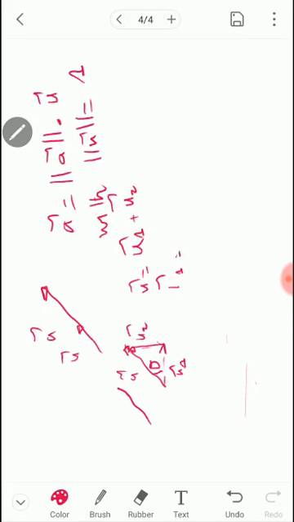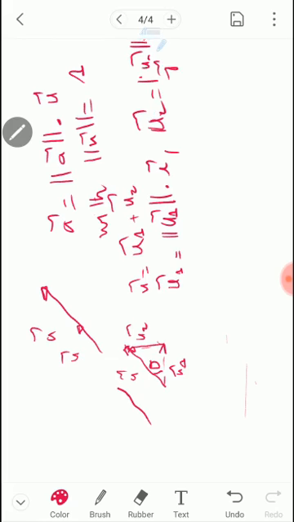We have this angle theta. u1 is in this direction, and we said in the previous page that u1 can be written as its magnitude multiplied by I, and u2 can be written as its magnitude multiplied by J.